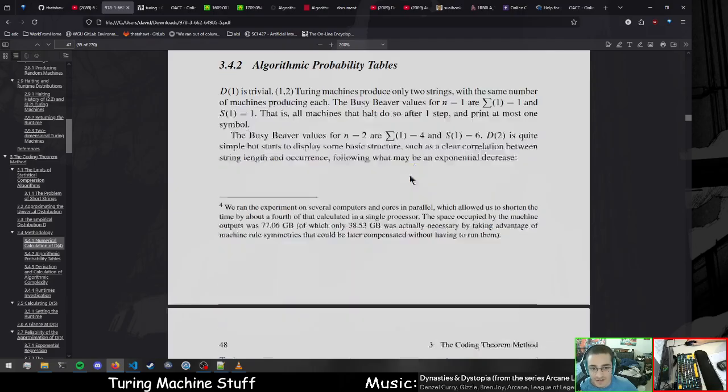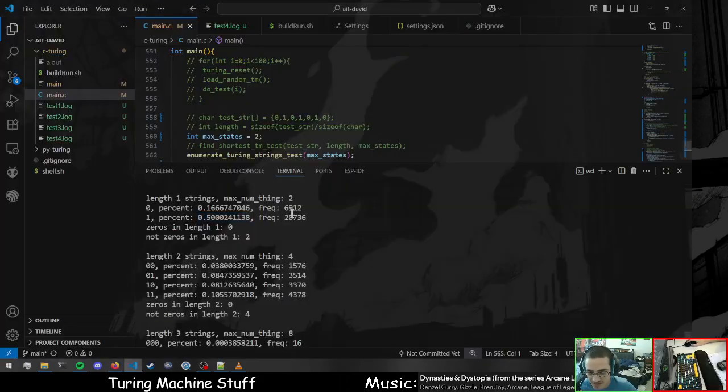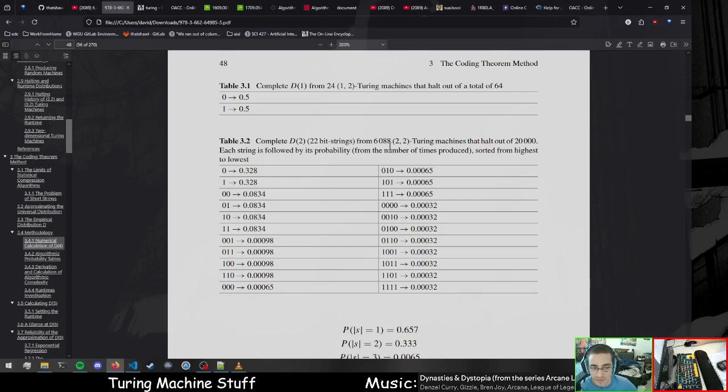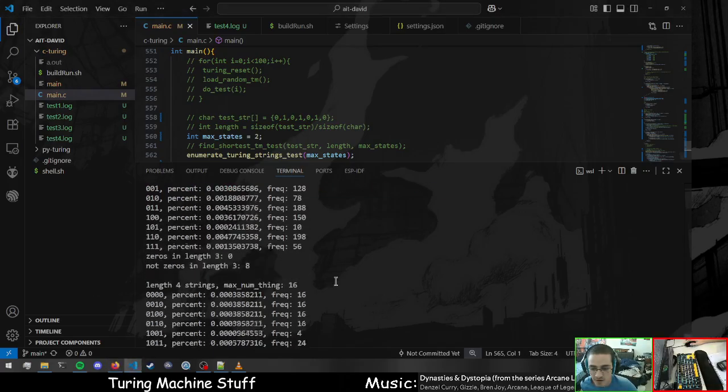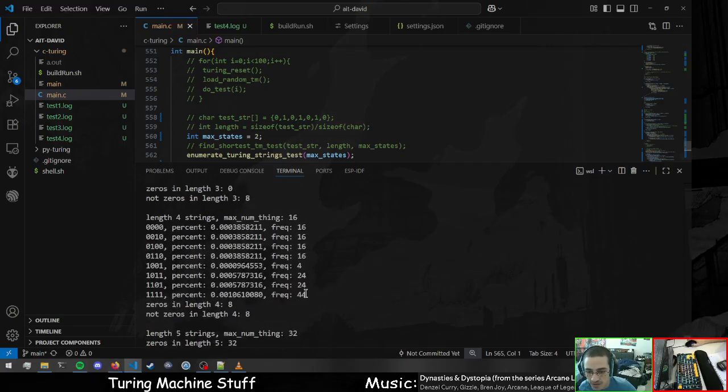We inflated the ones by a lot more, but we are considering more of them, which is kind of weird, not gonna lie. And we do get all the strings, though. We now get all the strings. Now we get 22 of them, which is what they got.